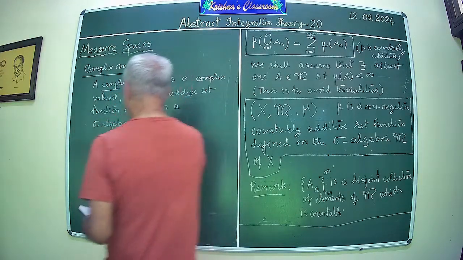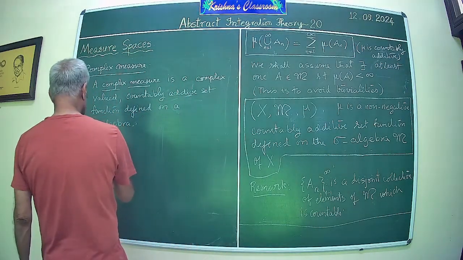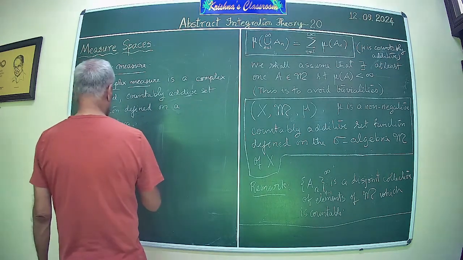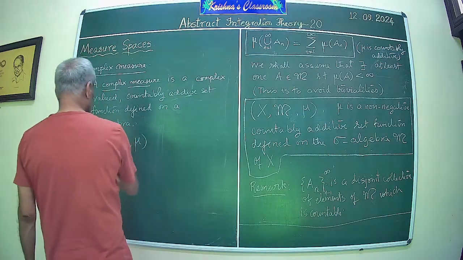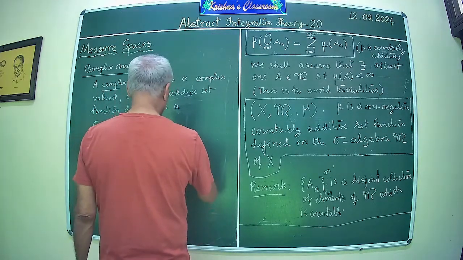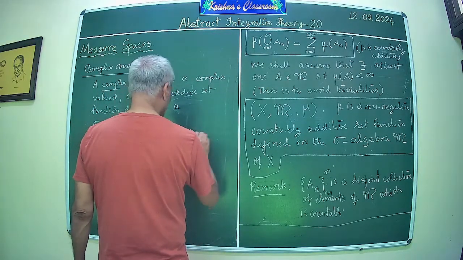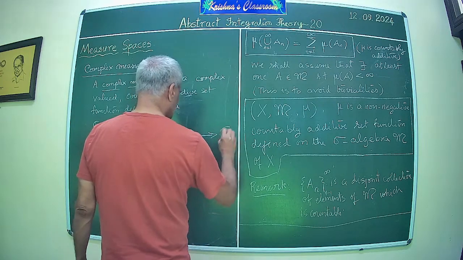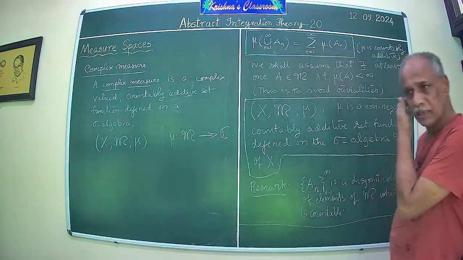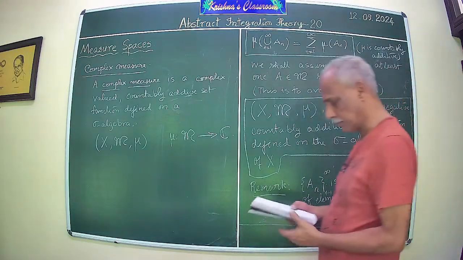So what we have is this. There is X, there is a sigma algebra, and then mu. Now mu is a map into C, which is countably additive, exactly satisfying the same requirements.